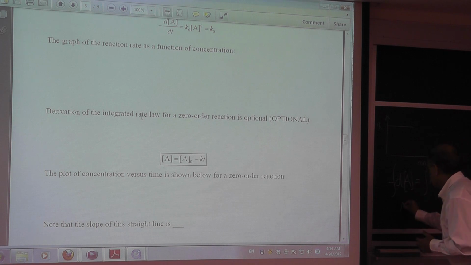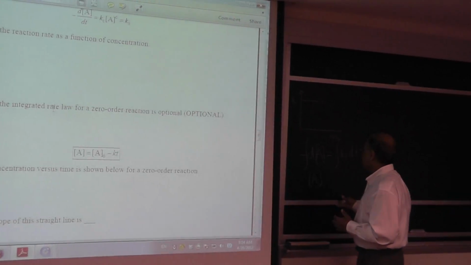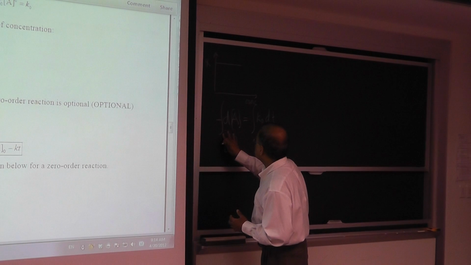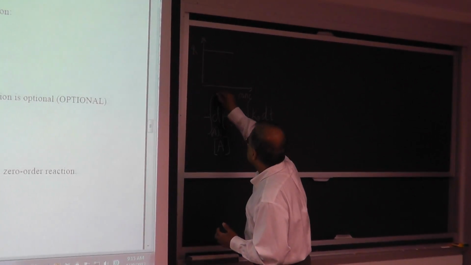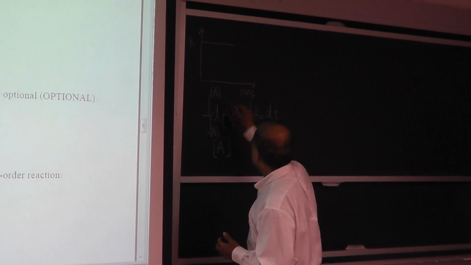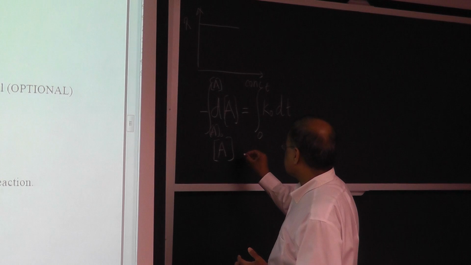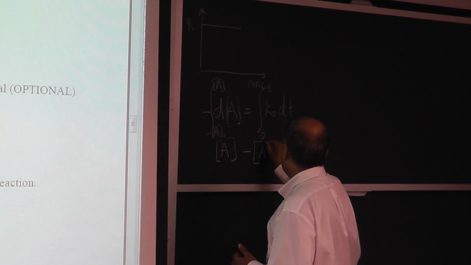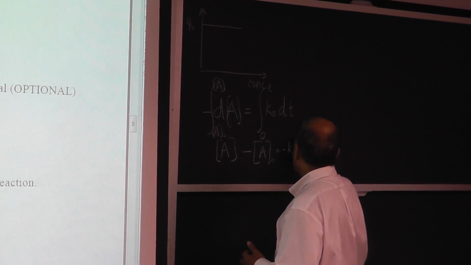I get A. But we have to integrate from A sub 0 to A, and this is going to be 0 to t. So this is going to be A minus A naught is equal to minus kt.